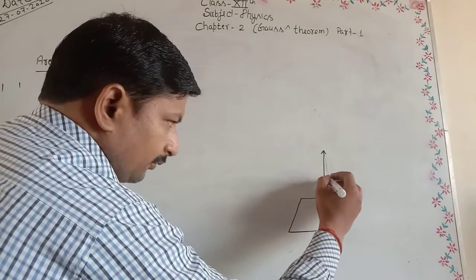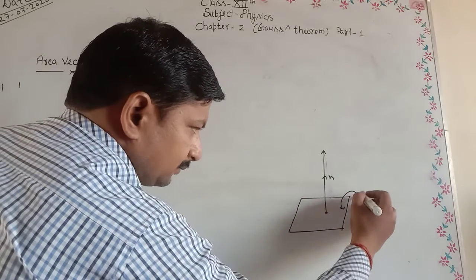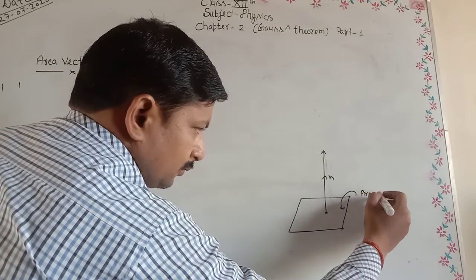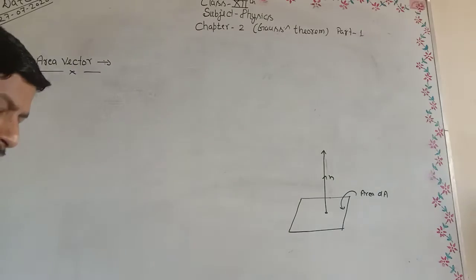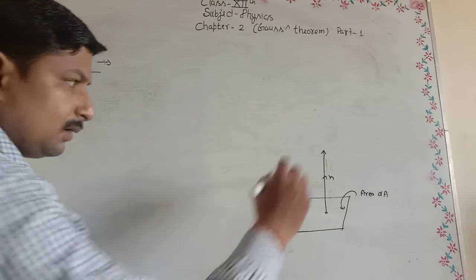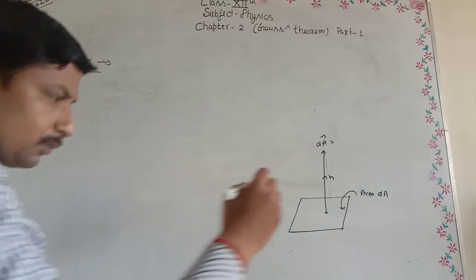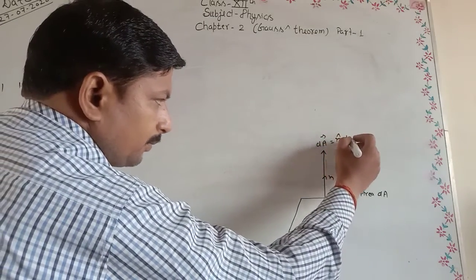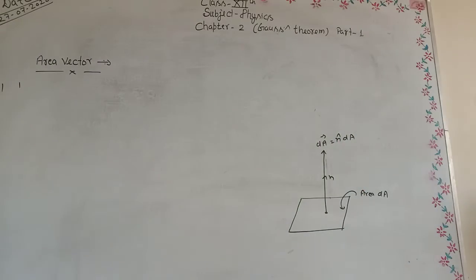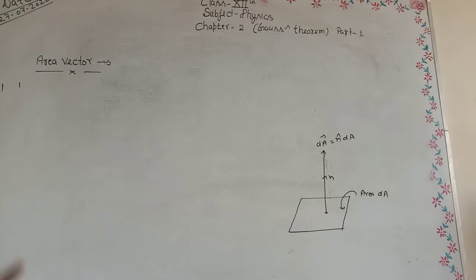The unit vector n is normal to a surface of area dA, and the area vector dA is equal to n cap dA. Then, students, this is known as the area vector.